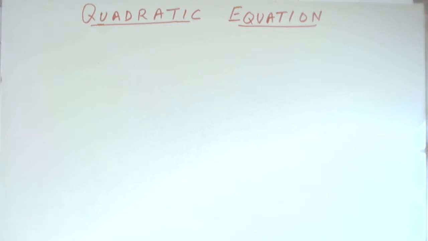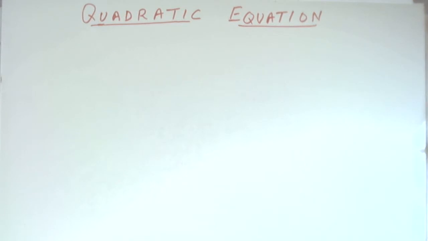In this video, we will continue our learning about quadratic equations, and specifically we will see what we mean by solving a quadratic equation or finding the roots of a quadratic equation.